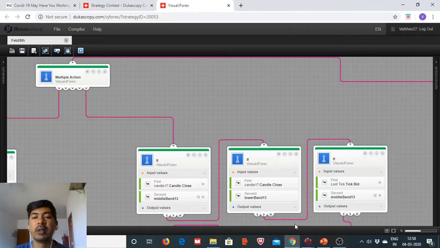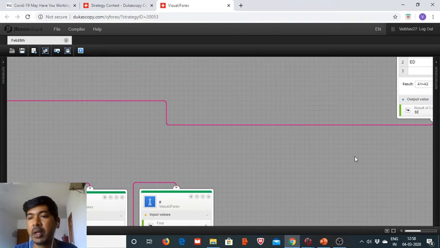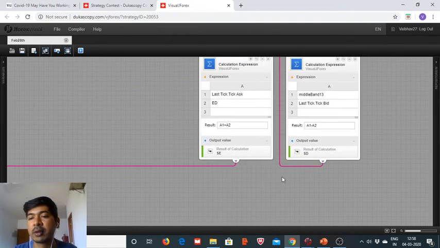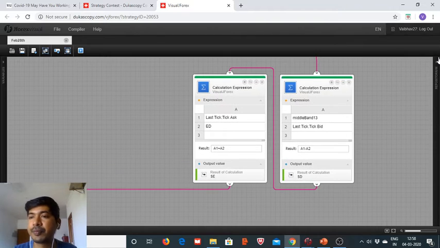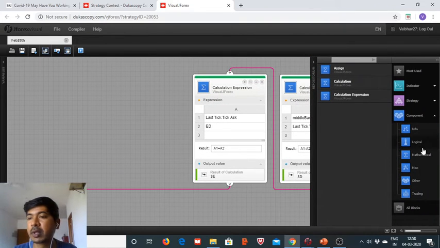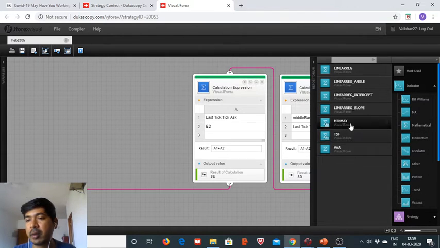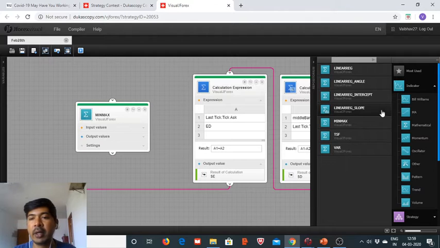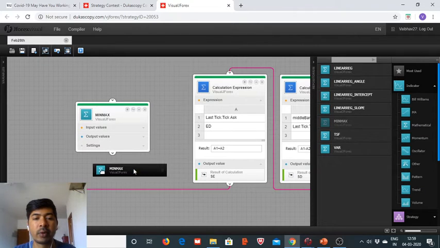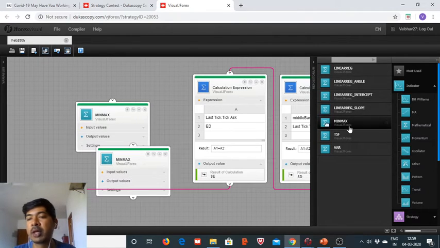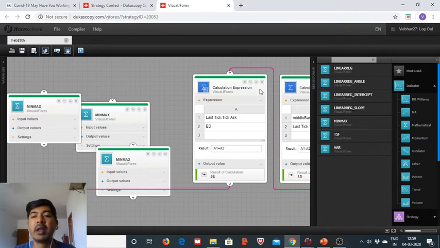So let's add this on our visual T4X setup. Also, we will need to use 4 min-max blocks. So we will be using the indicator, mathematical, and the min-max. We will need 2 min-max blocks for defining maxima and 2 min-max blocks for defining minima.